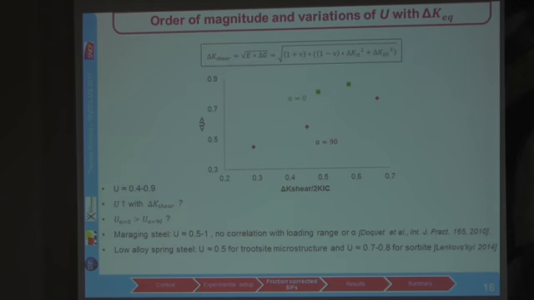And if we plot this mean u as a function of the previously defined delta K shear, we can see that it lies between 0.4 and 0.9, and that it seems to increase with the delta K shear. So the bigger the load, the smaller the friction effect.